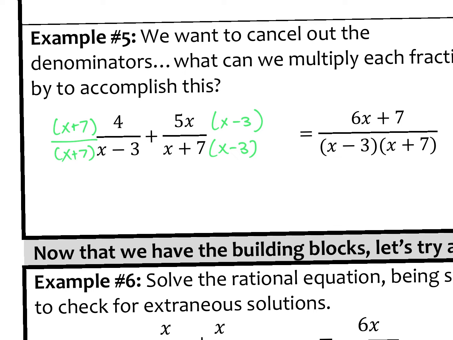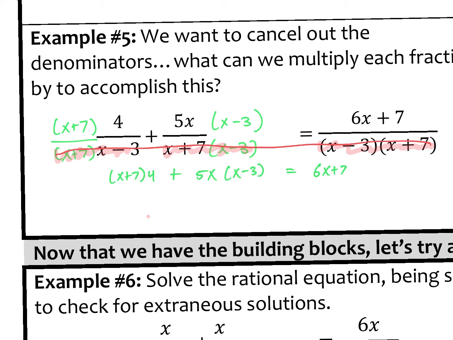But the main trick that you need to know is that if you have denominators that are the same all the way across, and we multiply by that, they end up canceling. So you can basically just cancel all of the denominators if they're the same for every term on both sides of the equation. And what we end up with then is x plus 7 times 4 plus 5x times x minus 3 equals 6x plus 7.